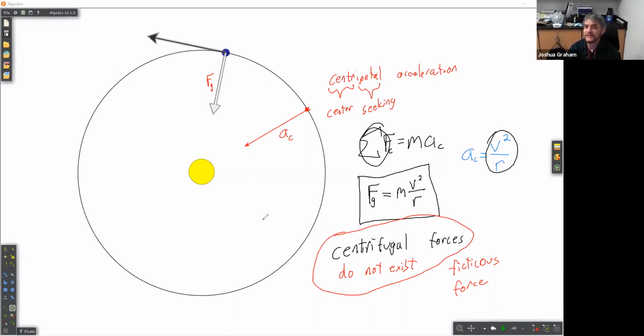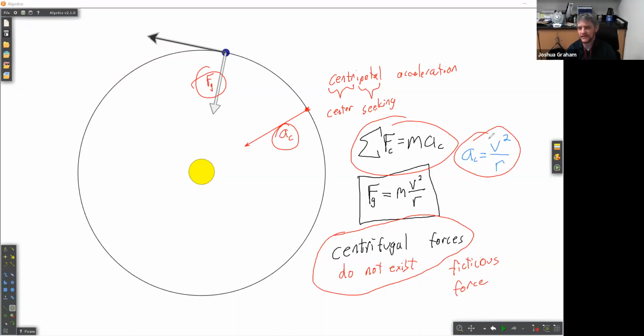That acceleration, as I already showed, points to the center of the circle at all times. And because it is an acceleration in response to a force, I can then use Newton's second law to analyze the forces and their accelerations. And whenever I deal with centripetal forces, I always substitute v squared over r in place of centripetal acceleration.